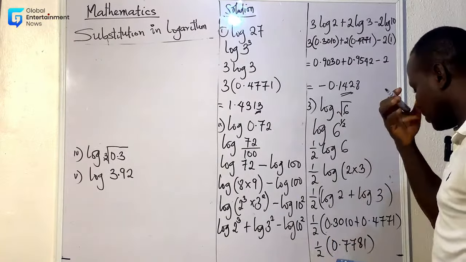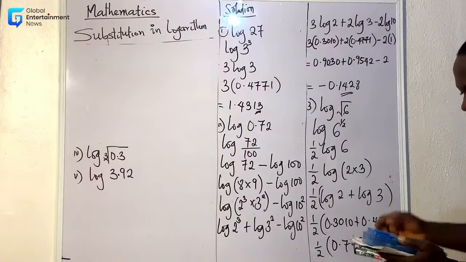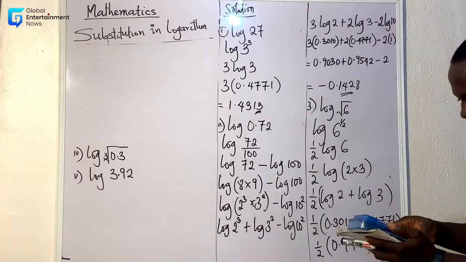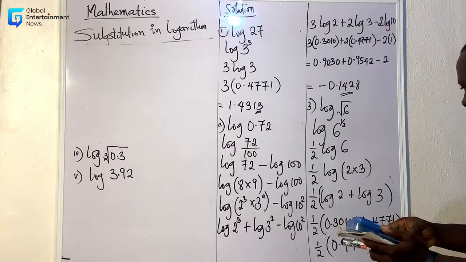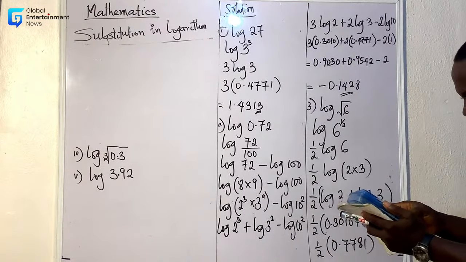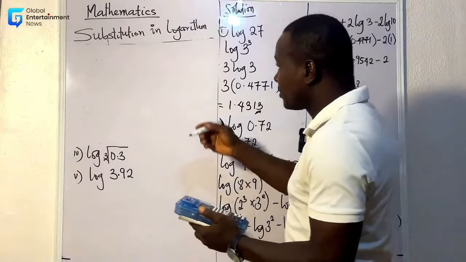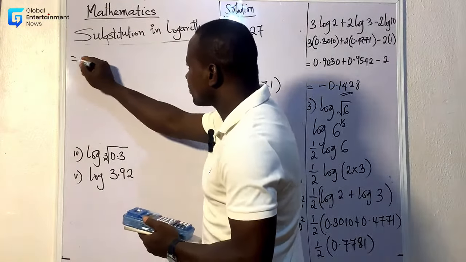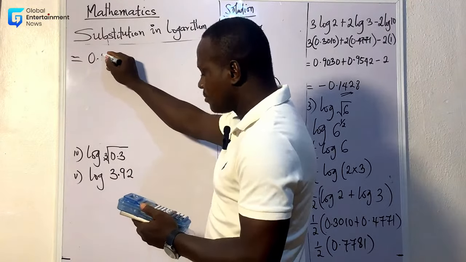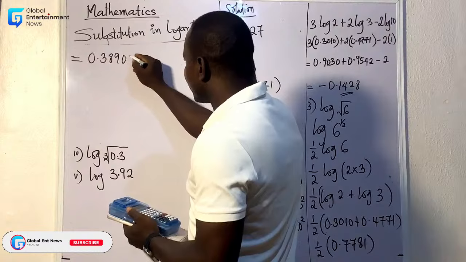That gives me 0.7781. Now let's multiply it. I told you 1/2 is the same thing as 0.5. So we have 0.5 times 0.7781, and my final result is 0.38905.